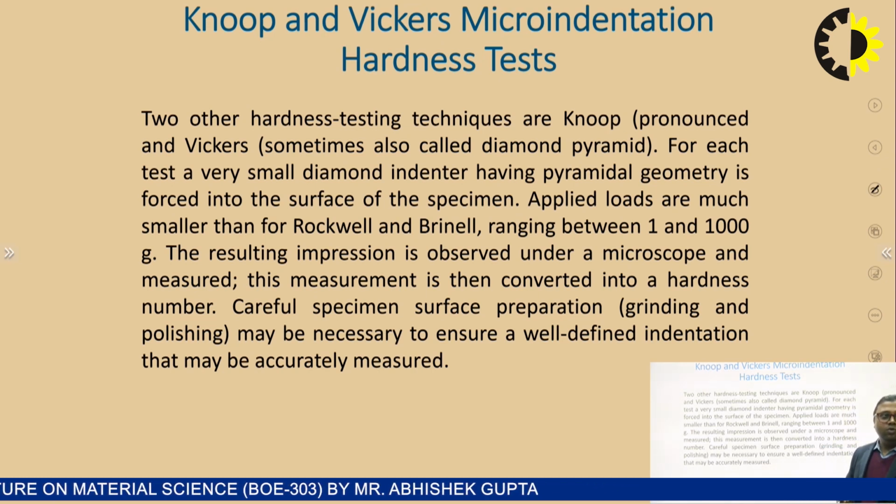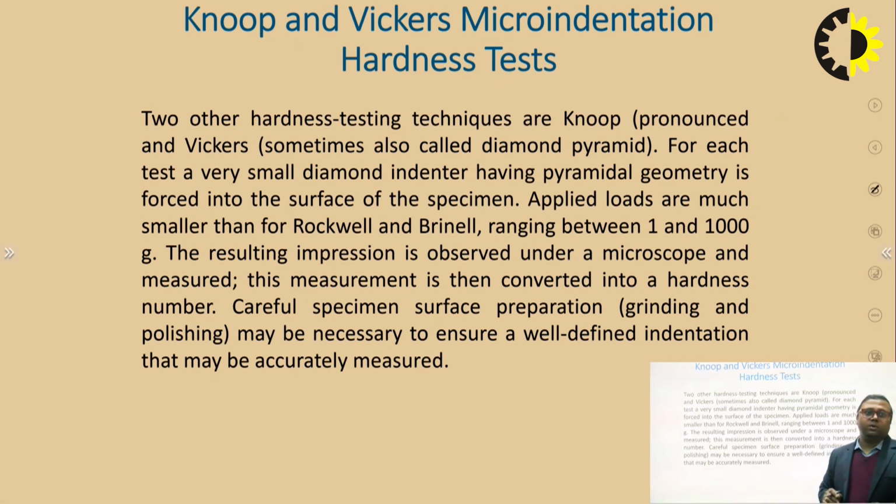Then another test is the Knoop test and the Vickers hardness test. This Vickers test is also known as the diamond pyramid test. In both of these tests, a very small, pyramidically shaped diamond indenter is forced onto the particular specimen, and we apply a much smaller load in comparison to the Rockwell and Brinell tests.